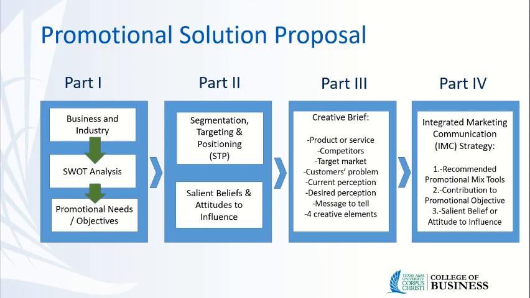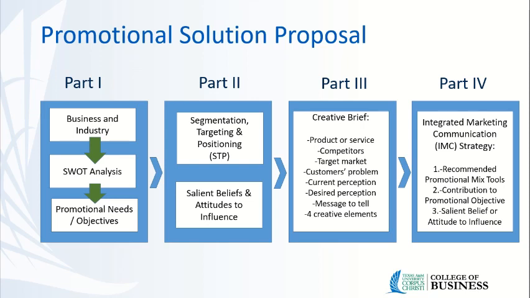Now, the last section of part 1 is crucial for this project, because here you have to tell what are the objectives that this project is aiming to accomplish, right?